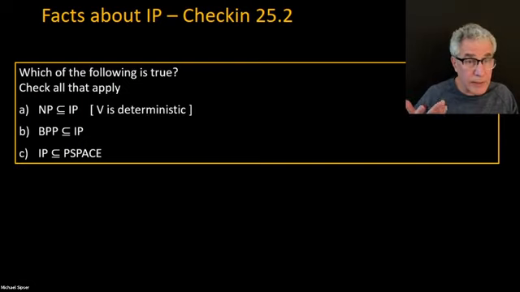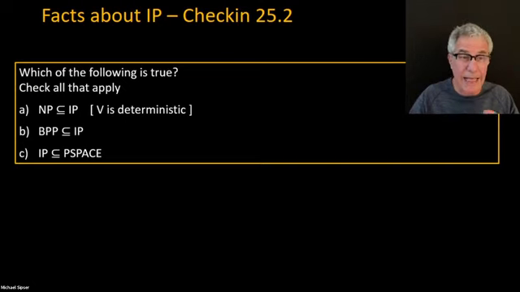That's the way we normally think about a certificate for NP. I don't think it's going to change anything, but I should double check that if the verifier can still ask questions. As long as the verifier is deterministic, you're going to get exactly NP here.